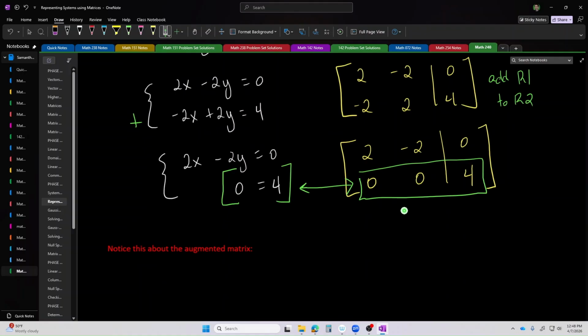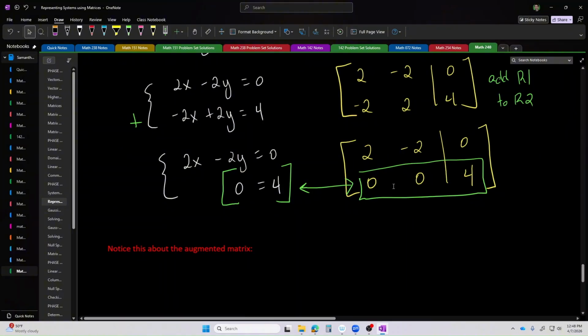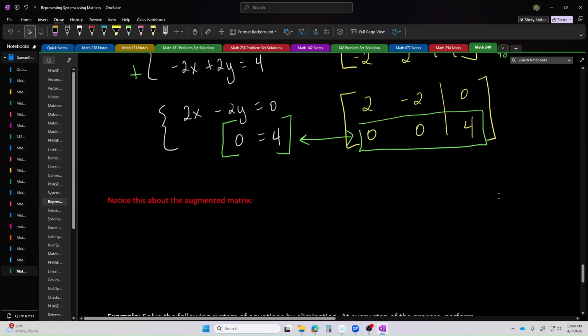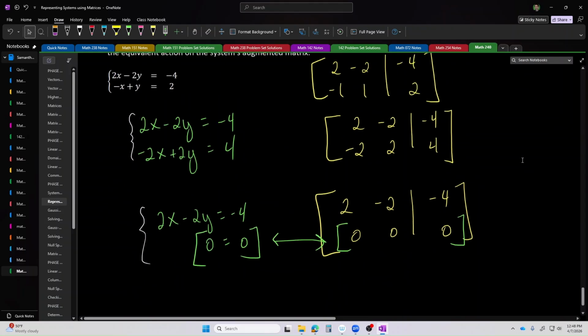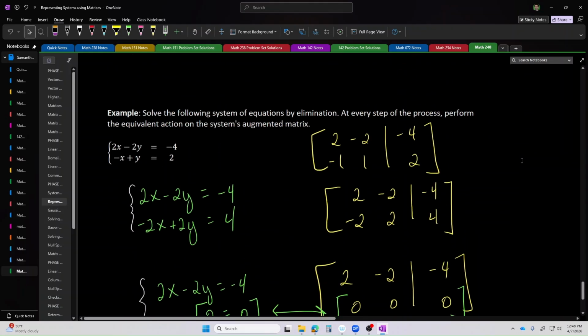The pivots of the matrix are located, in this case, here and here. And so we can see that those pivots have that relationship, that this pivot is further to the right of this one.